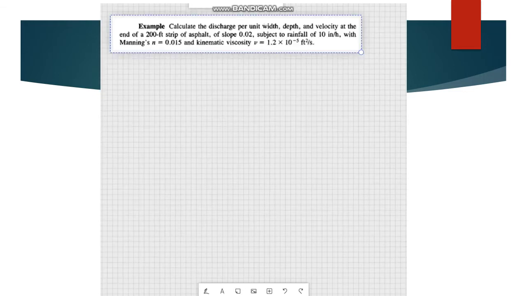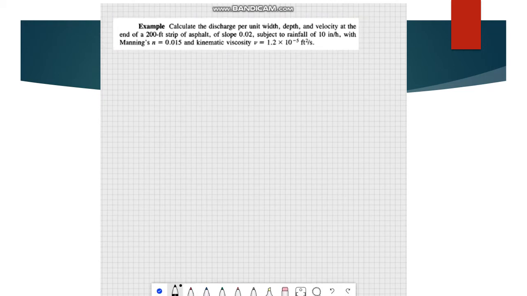Okay, in this question, again, we need to calculate Q0, which is equal to the rainfall intensity I minus the infiltration rate, times L0 cosine theta. Same thing we need to apply. It's asphalt, so impervious, f goes to 0. So we need to calculate theta.